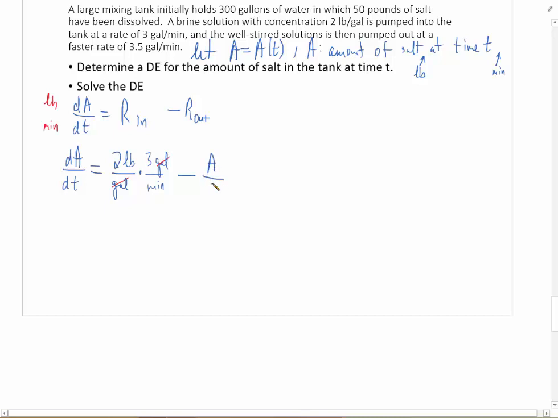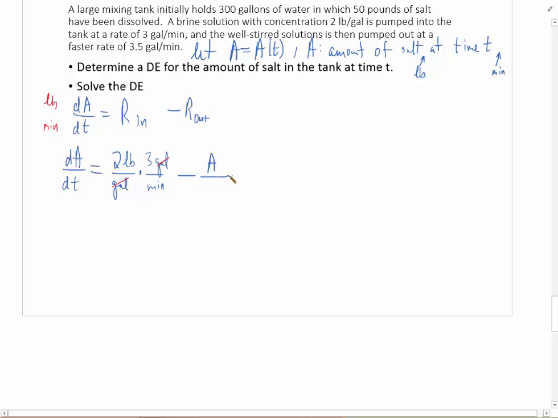So we have A pounds, and the tank initially holds 300 gallons, but it's not holding steady at 300 gallons. Let's think about this. Fluid's going in at 3 gallons and leaving at 3.5 gallons per minute, so there's a net change of 0.5 gallons per minute.